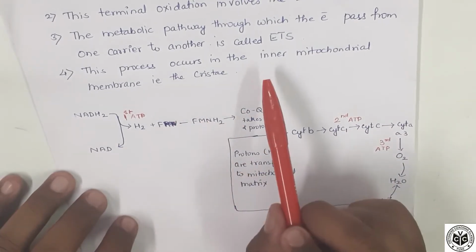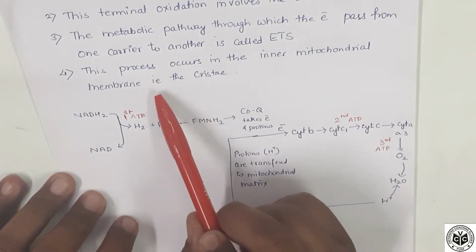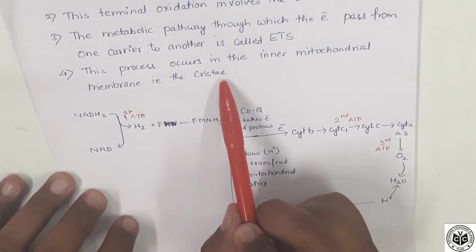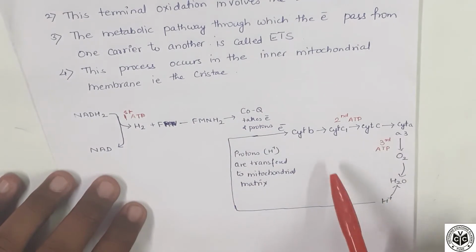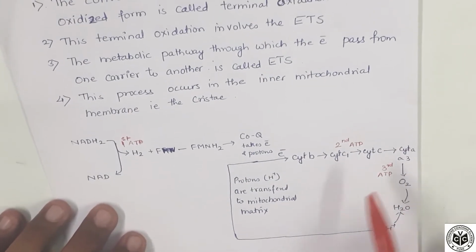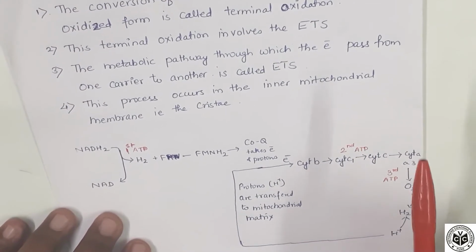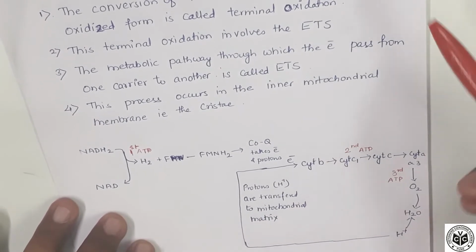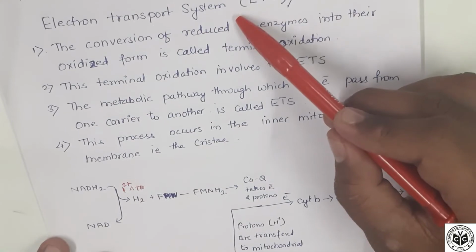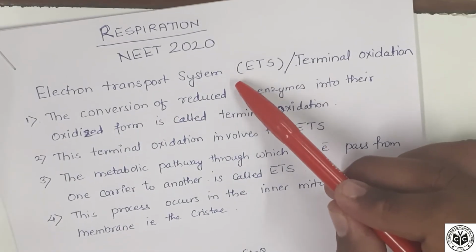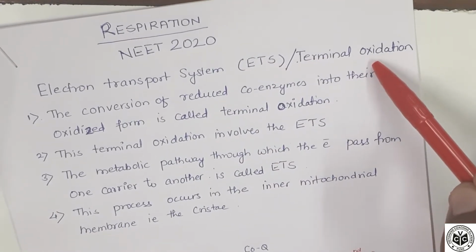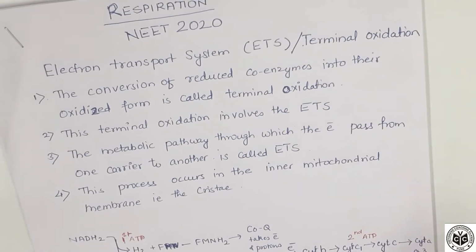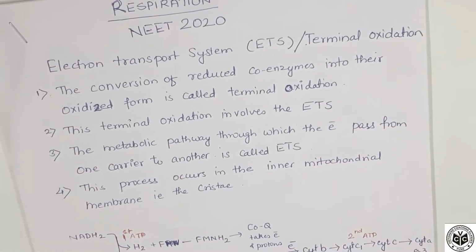This process occurs in the inner mitochondrial membrane, that is the cristae. So this is all about the terminal oxidation. Electron transport system and terminal oxidation go hand in hand. To explain terminal oxidation, you need to explain electron transport system, and to explain ETS, you need to explain terminal oxidation also. So this is in brief about terminal oxidation.